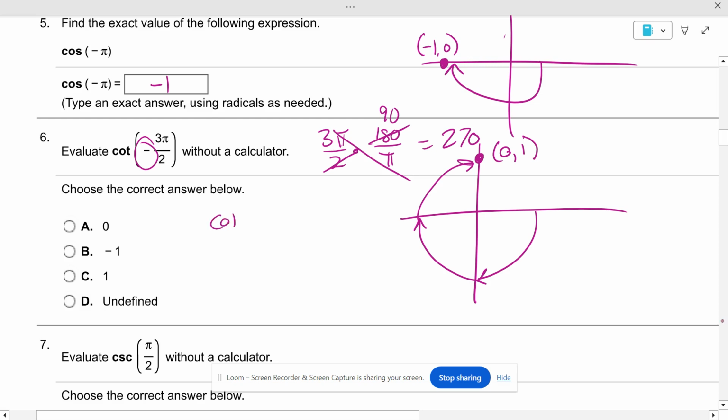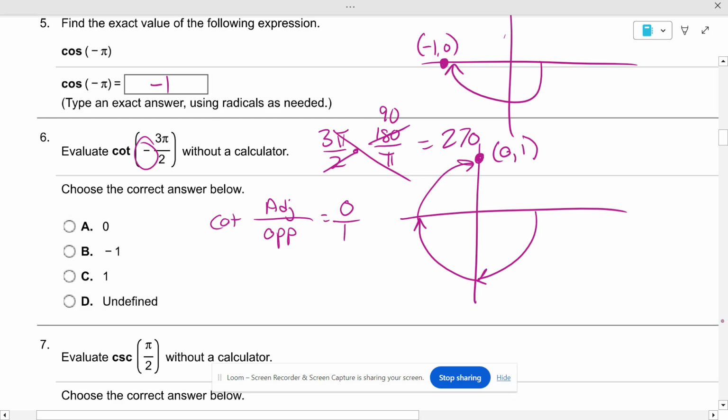Okay, 0, 1. Now, I want cotangent. Cotangent is adjacent over opposite. The adjacent side is the cosine side. That's going to be 0. Our opposite side is our sine side.